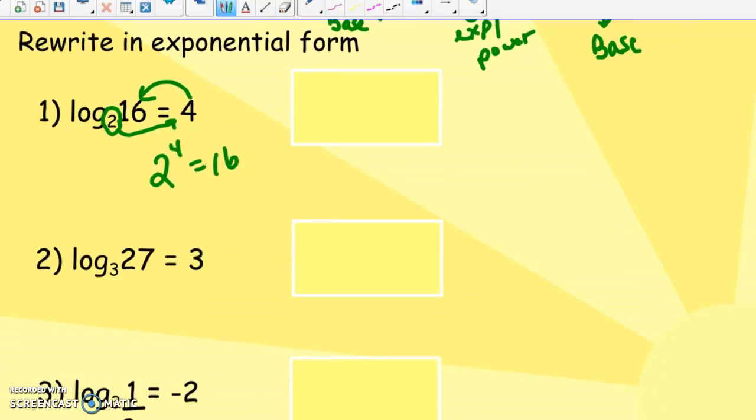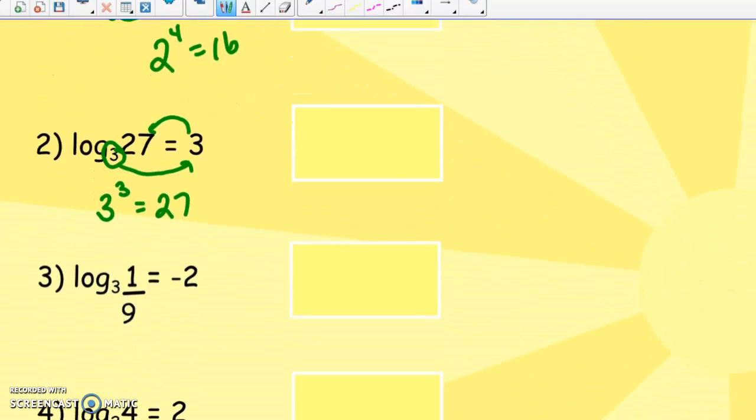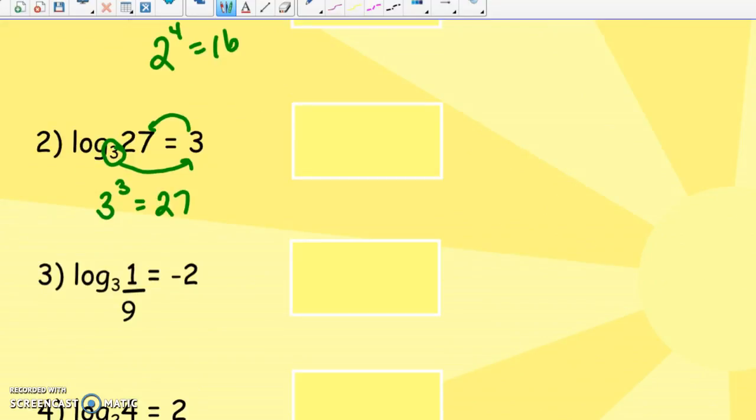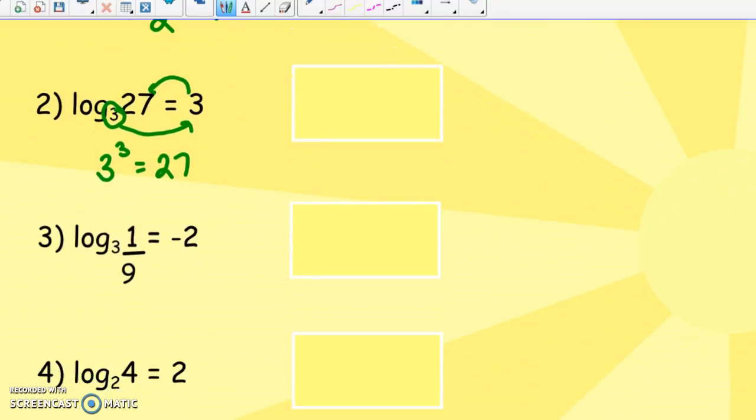So if we take a look at our second one, we'll identify what our base number is, which is that little subscript number. And then we go in a counterclockwise direction. So 3 to the 3rd power equals 27. And again, evaluate it. 3 cubed equals 27. So let's take a look at one more, and then we'll have you try the 4th one on your own.